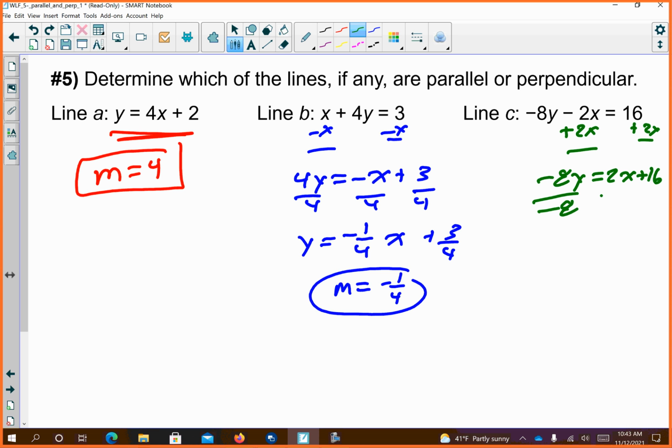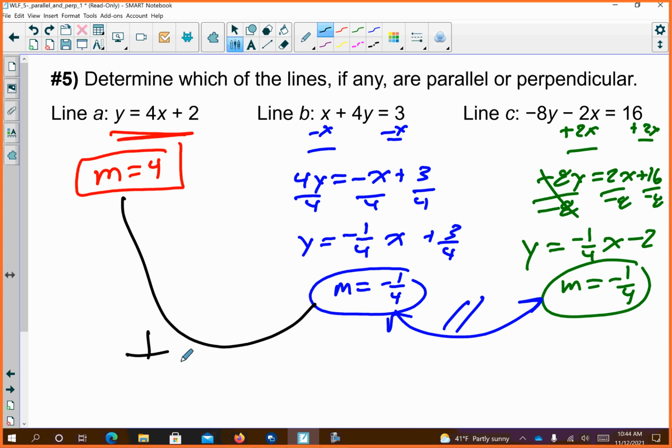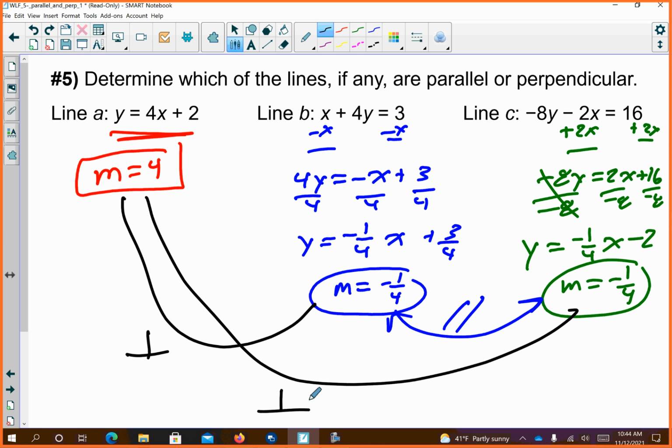Divide everything by negative 8. Those cancel. 2 over negative 8 is negative 1/4, minus 2. So the slope here is negative 1/4. Okay? So these two lines are parallel to each other. This and this are perpendicular, and this are perpendicular. This means perpendicular.